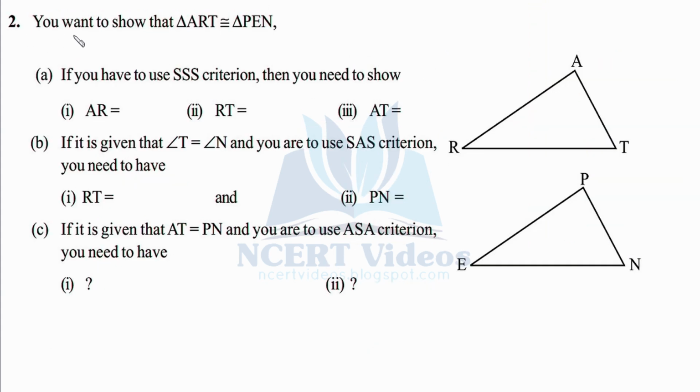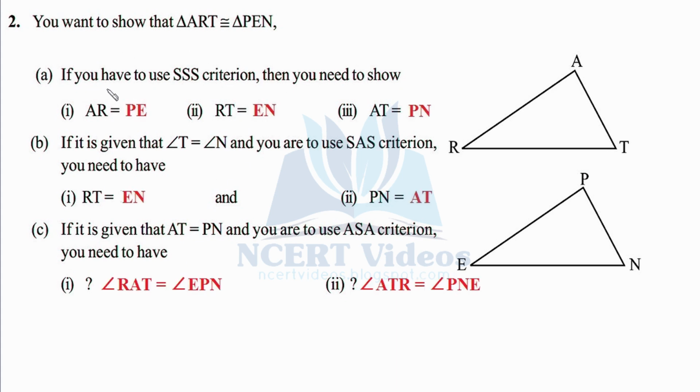Question second. You want to show that triangle ART is congruent to triangle PEN by using the following criteria from A to C. In A part, we have to show that triangle ART is congruent to triangle PEN using the side criterion.